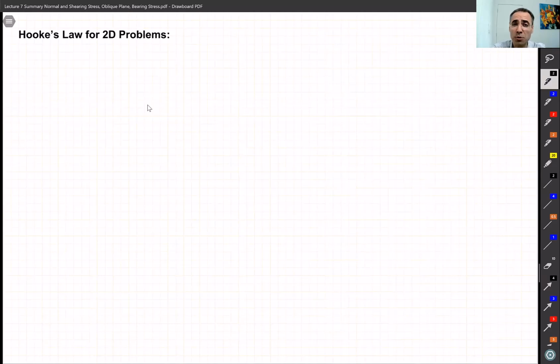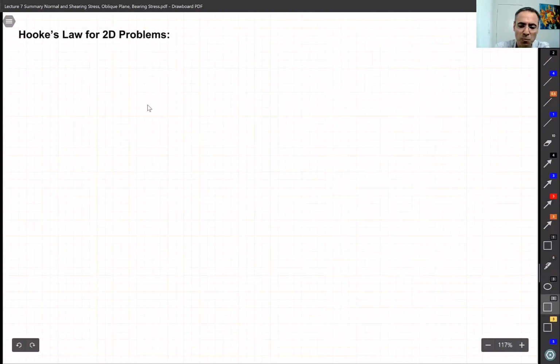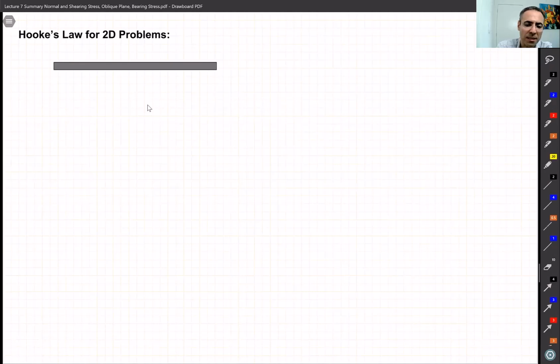Hooke's law for 2D problems, right? Let's step back and see what Hooke's law was in the first place. So we said, if we have something, let's say a simple bar like this one, something that we can consider as a 1D problem, like maybe a long bar, more like the cable that you saw for the elevator, whose length compared with the diameter is very, very large, and you can assume it is a 1D problem.